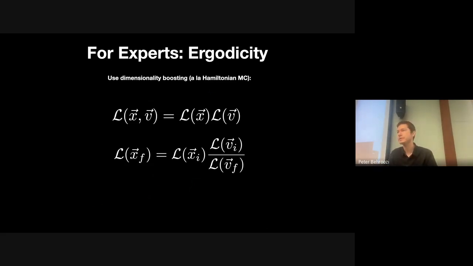The same process applies here. It sounds like a bad idea: why are you making a high dimensional problem even more high dimensional? But it turns out to be a good thing. You augment the space with a complementary space where you place some likelihood function. You write down your original space X and your complementary space V, and the combined likelihood function is a product of two separable likelihood functions.